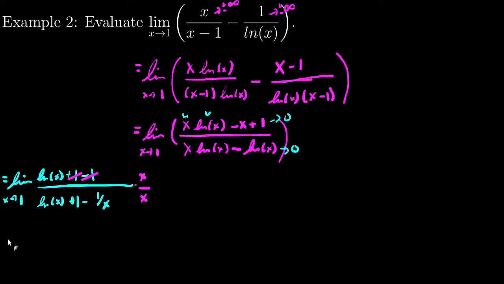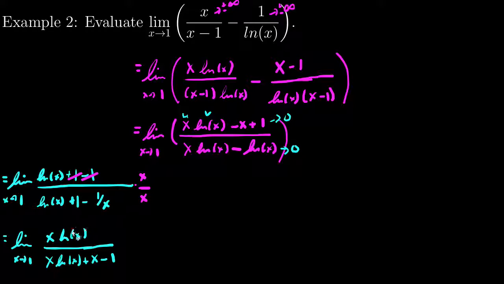And so I rewrite this as the limit as x approaches 1 of x natural log of x divided by x natural log of x plus x minus 1. And we consider what happens when x approaches 1.